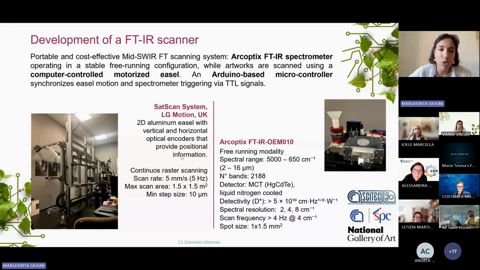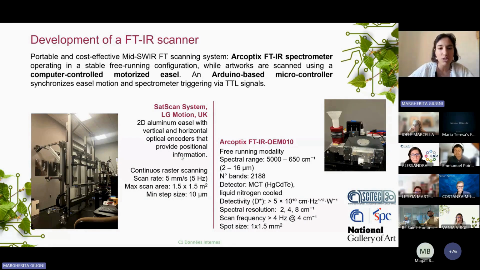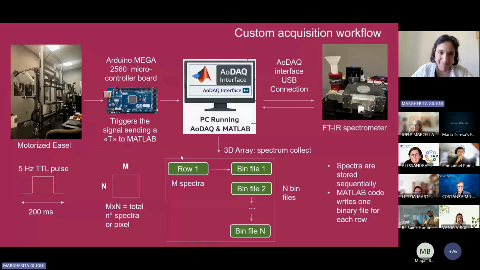The spectrometer is in a stable free running configuration while the artwork is scanned on a motorized easel. And at the same time, we have the synchronization of the acquisition of the spectra and the motion of the easel made by a microcontroller, an Arduino board.